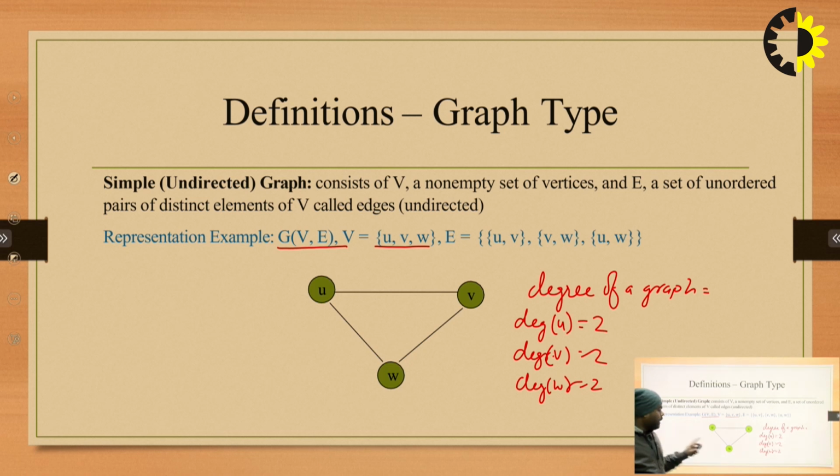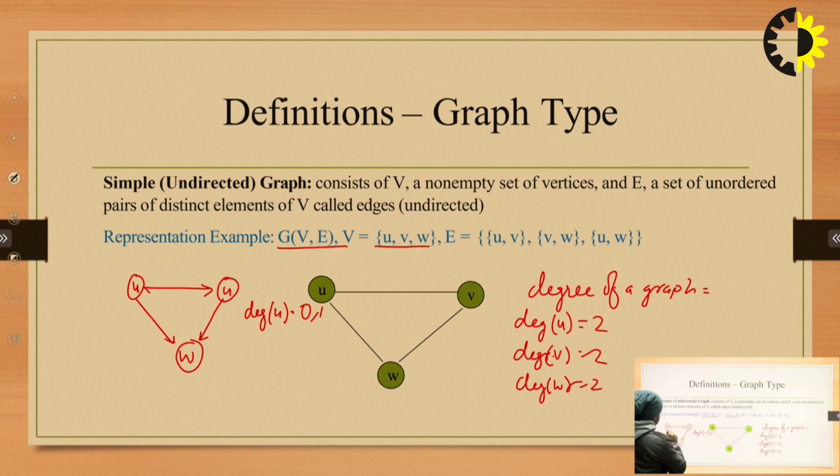But when I take this as a directed graph, we can calculate other numbers. I am taking only this graph. Okay, this is the directed version of this graph, and the earlier one is the undirected graph. The in degree of u is nothing, so in degree is 0 and out degree is 2.